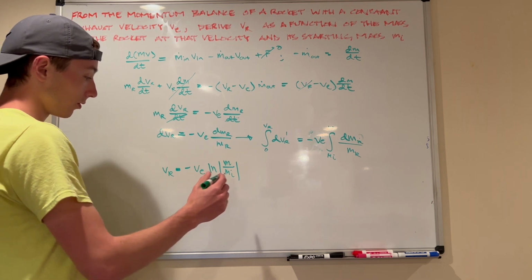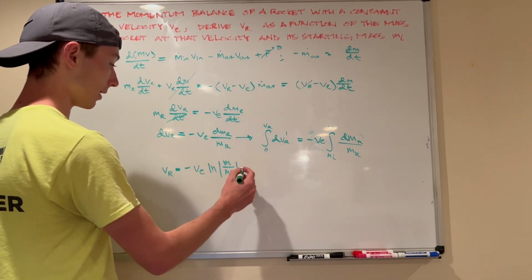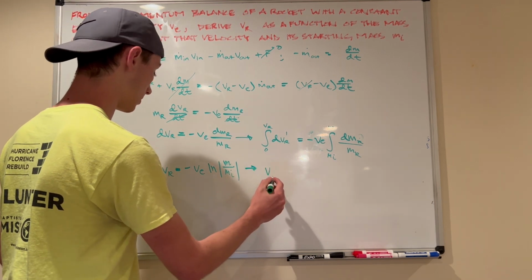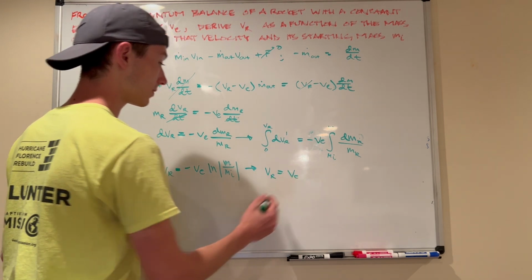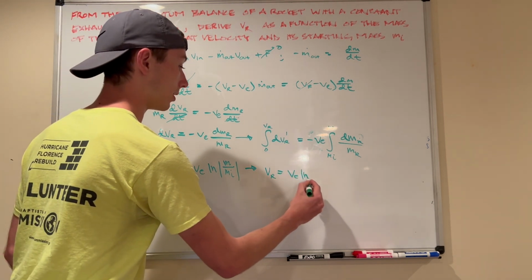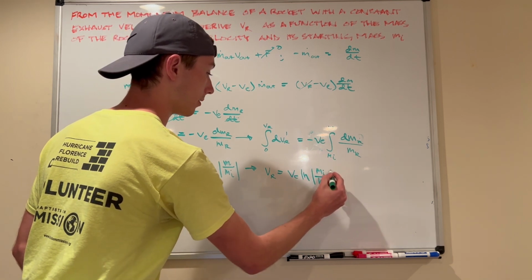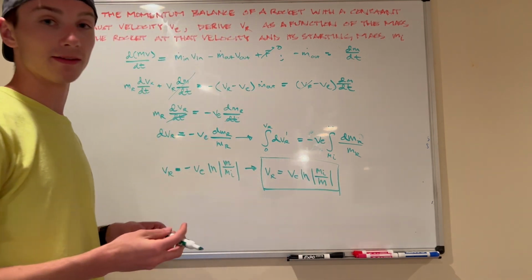Then if we take this negative and put it up top, using natural log rules, we get the exhaust velocity times the natural log of the initial mass over the mass. And this is our final expression for the rocket velocity.